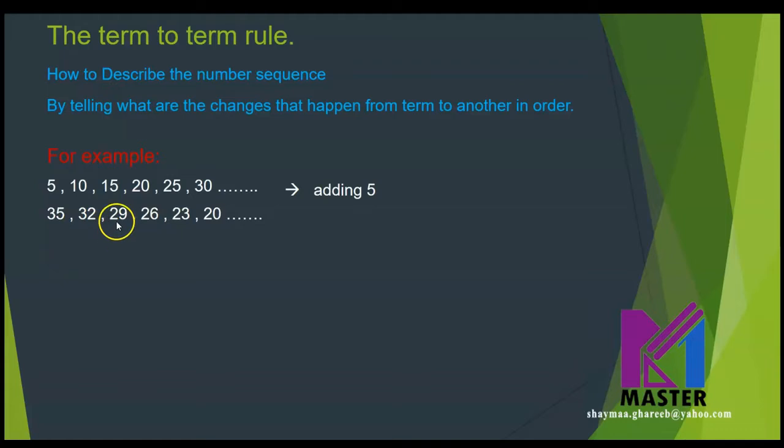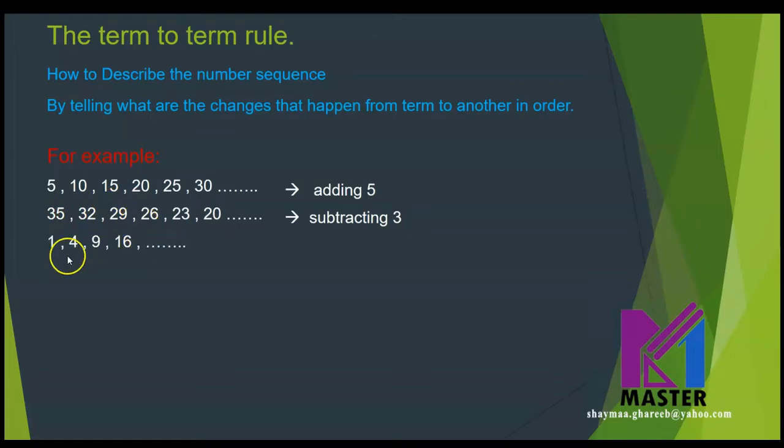It's subtracting 3 as well, which means when I describe this sequence, I can say subtracting 3, or minus 3, or going backward by 3. Okay, so this is the term-to-term rule, the changes that happen from one term to another.